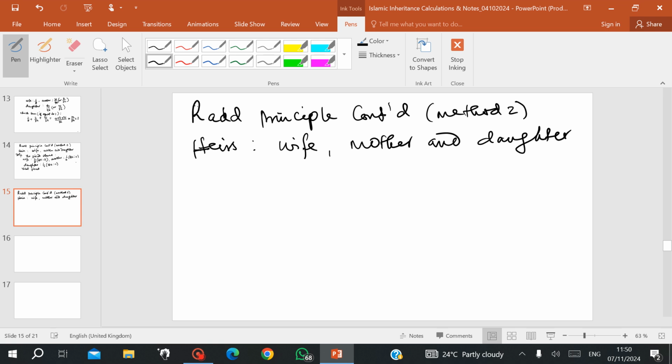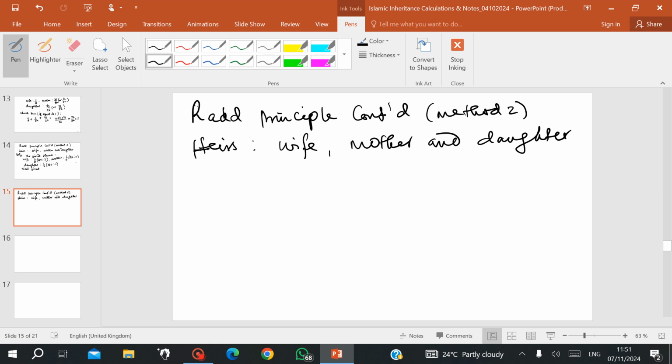So only the wife is not entitled to radd here. So you assign her own share and then deal with the rest that are entitled to radd.